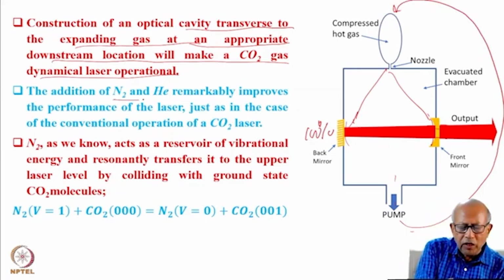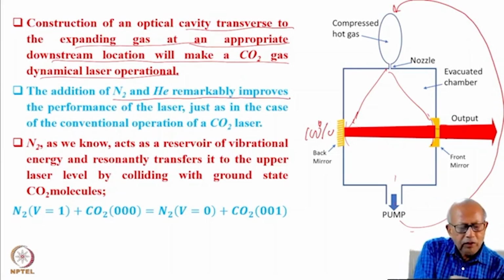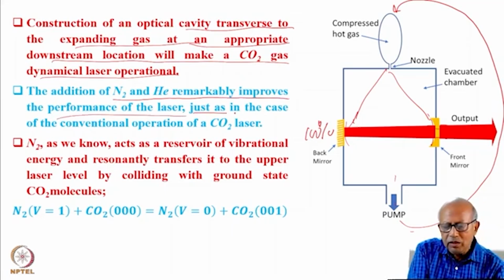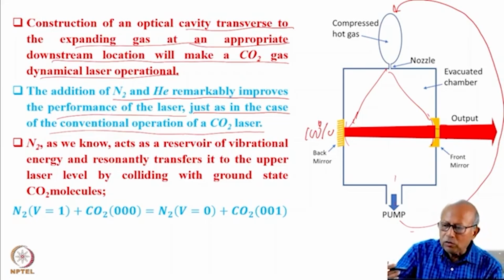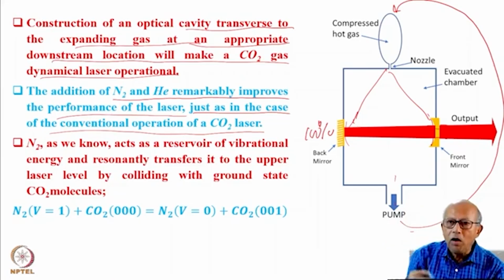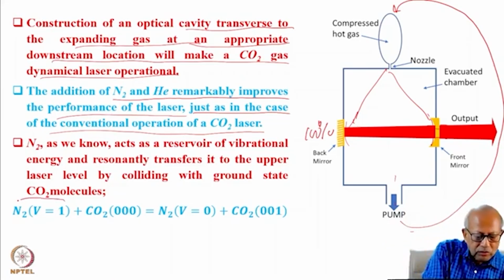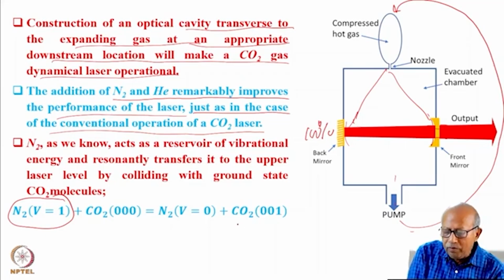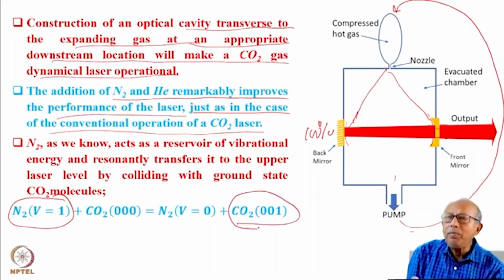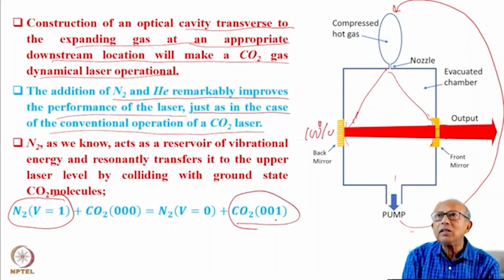Now, the addition of nitrogen and helium remarkably improves the performance of the laser, just as in the conventional operation of the CO2 laser. What happens? As you heat the gas, if nitrogen is there, nitrogen also will become hot, and the nitrogen's first vibrationally excited level stays very close to the upper laser level, that is the first excited asymmetric mode of the carbon dioxide molecule.